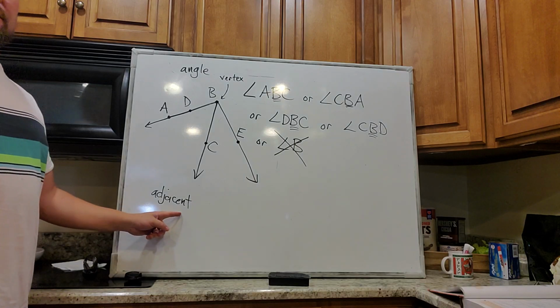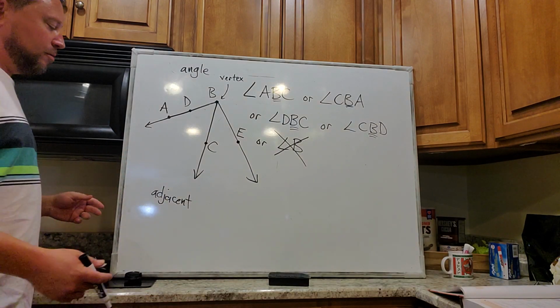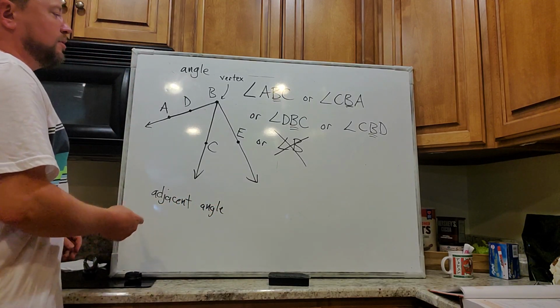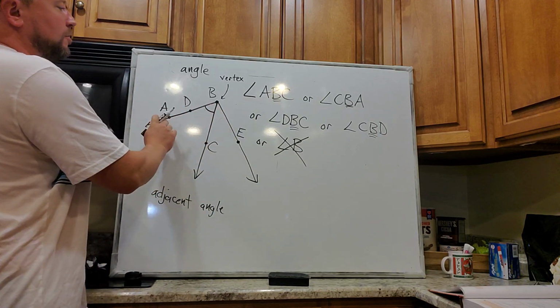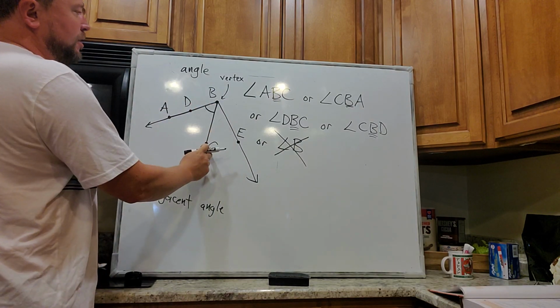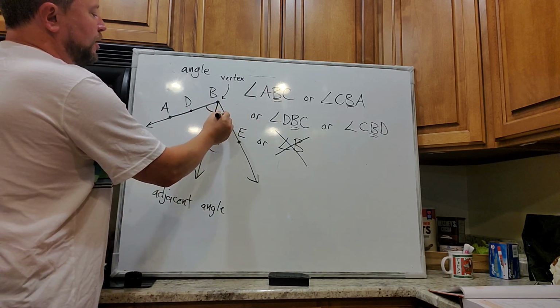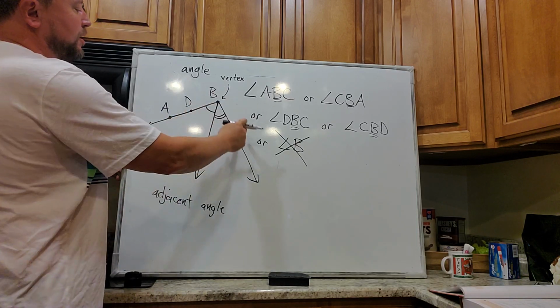To be adjacent means that they are neighbors, side by side, right next to each other. So you can see that this angle here that I named earlier as ABC, and this angle right beside it, which would be called angle CBE.